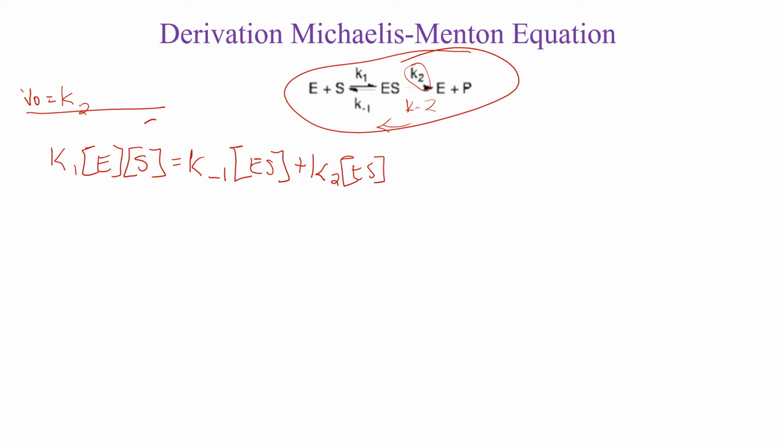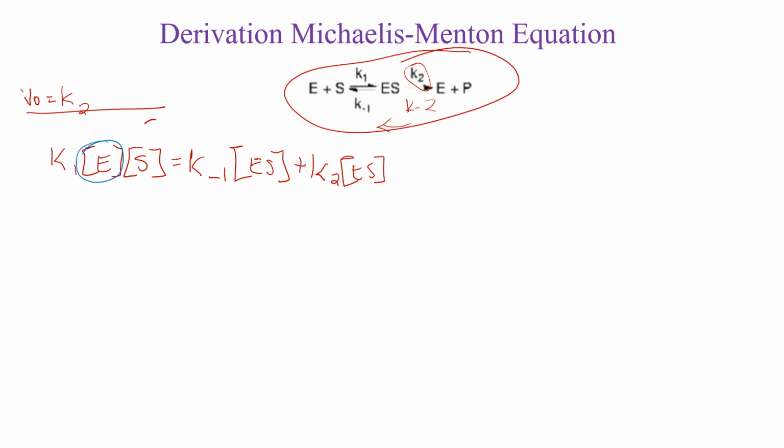All right, so after given this equation, we realize that we don't know what the enzyme is here. This is the concentration of the free enzyme. We do know that the free enzyme and the bound enzyme add up to the total enzyme concentration.